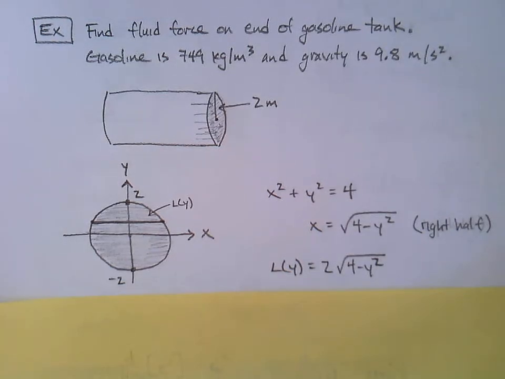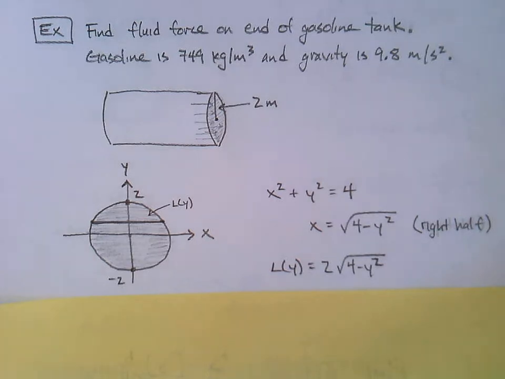We're always going to get L of y from an equation. Before, we had to figure out the equation of the line that described the edge of the plate at an angle. This time, the equation is the equation of the circle that we're looking at.